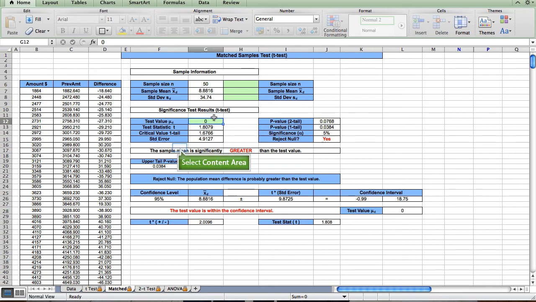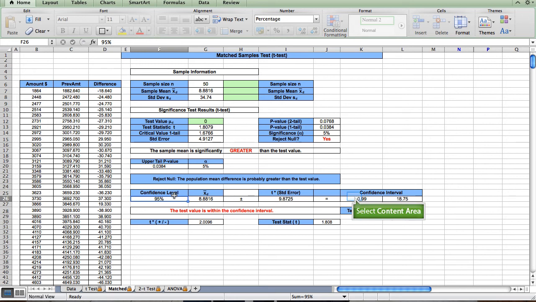And I'm able to do that because my sample mean difference is significantly greater than the test value. And here the test value is 0. In other words, we're assuming no change in the amount charged. The 95% confidence interval, again, gives me a little bit of a different picture.